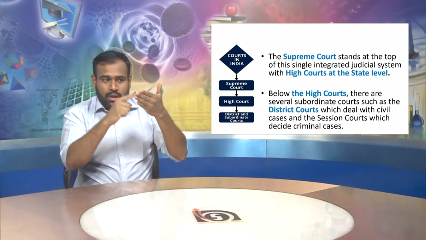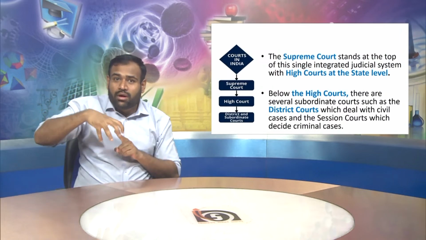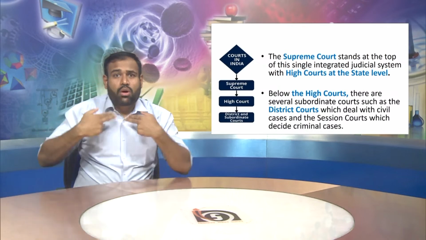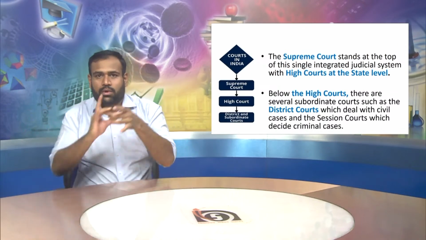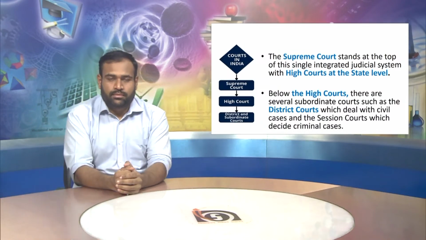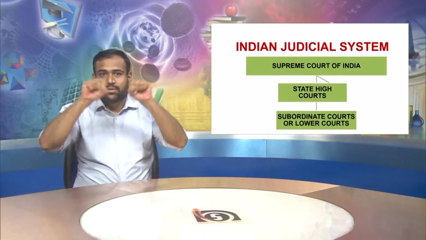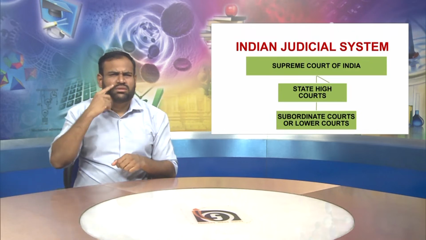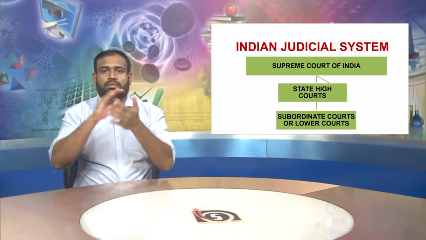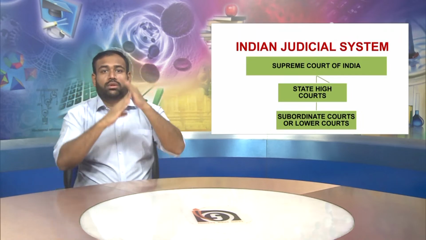Below the High Court, there are several subordinate courts such as the District Court, which deal with civil cases, and the Sessions Court, which decide criminal cases. Indian judicial system: Supreme Court of India, state high courts, subordinate courts or lower courts.